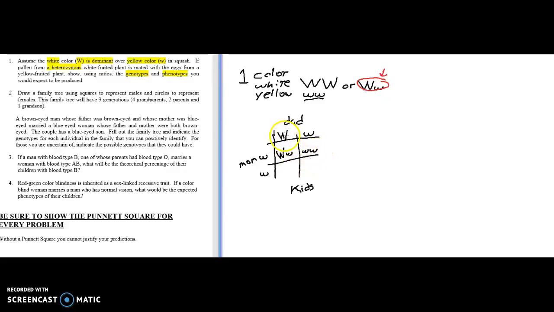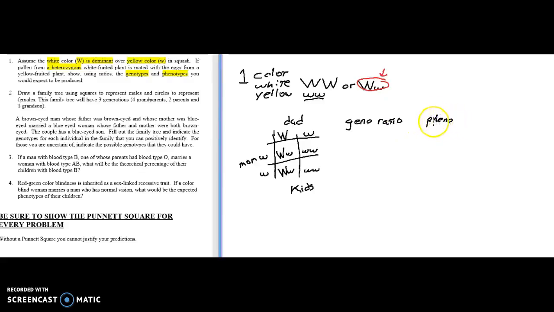If this allele from dad combines with this little w here, you have that child. And if that one and that one combine, now I have a child with 2 little w's. When you are asked to write these out, I'm going to ask you to tell me the genotypic ratio and the phenotypic ratio.